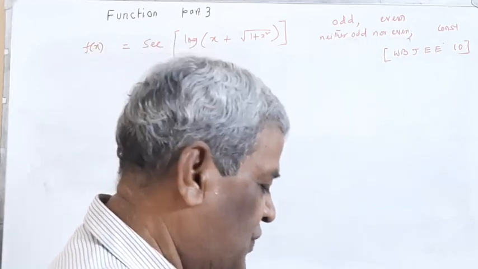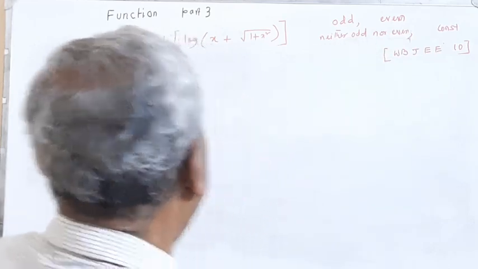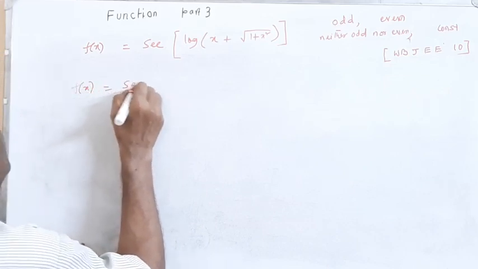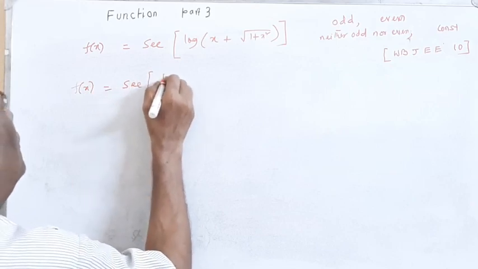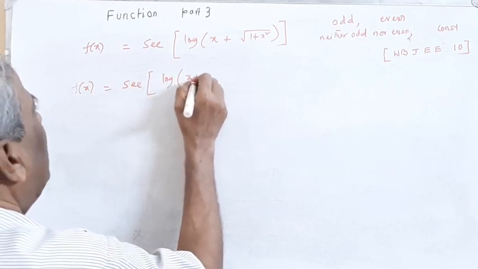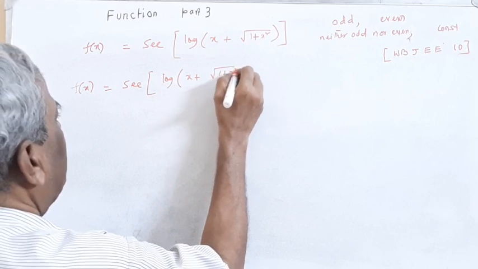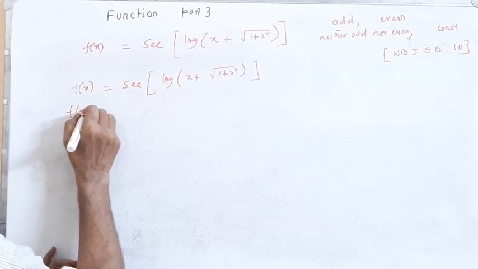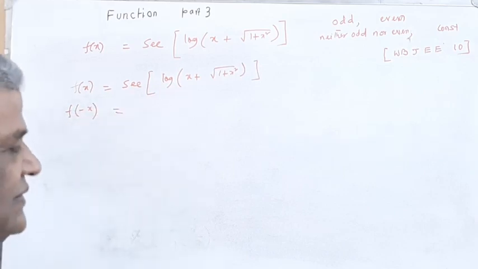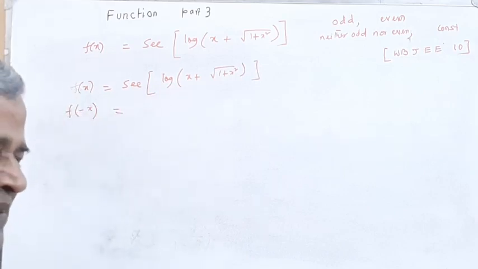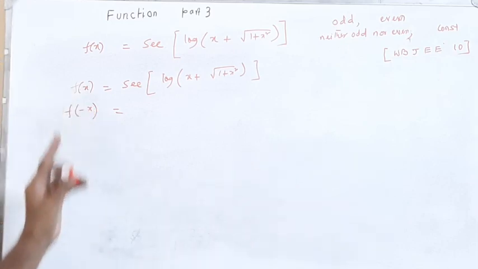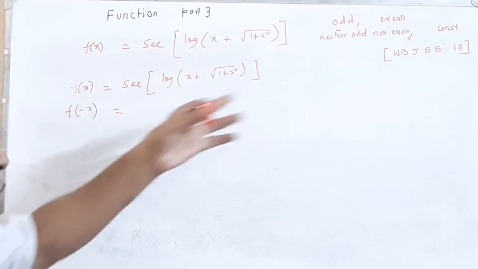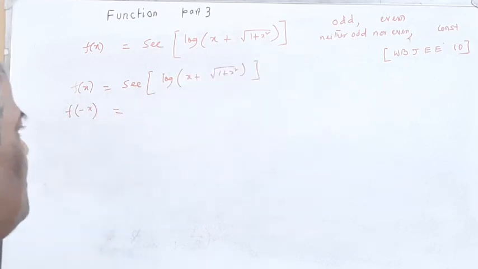So first of all, let us try whether it is odd or even. f(x) is equal to sec of log of x plus root over 1 plus x square. Calculate f of minus x. If f(x) is equal to f(minus x), this is even. If f(x) is equal to minus of f(minus x), then it is odd. So from there, we can calculate the first three options.